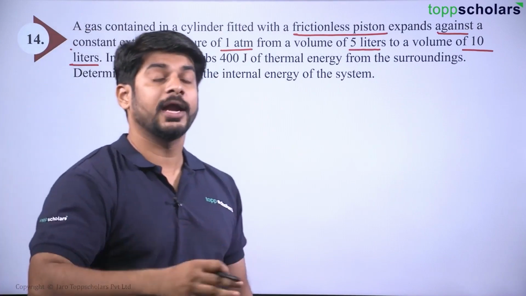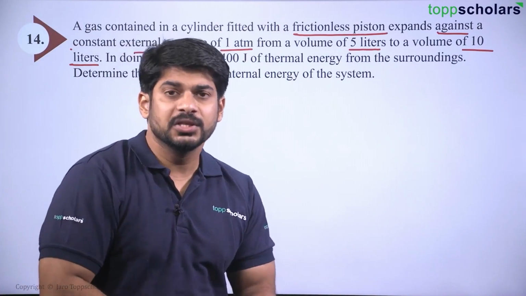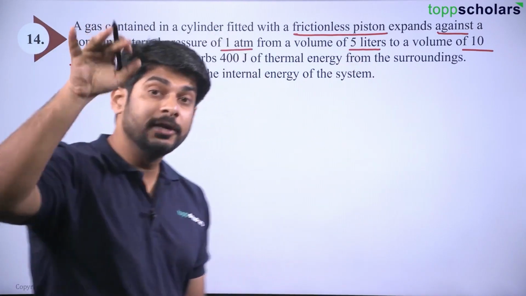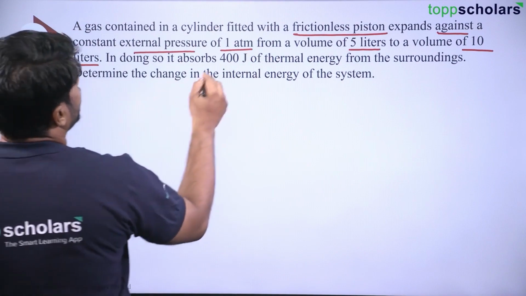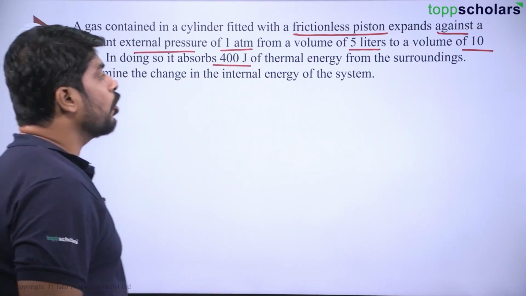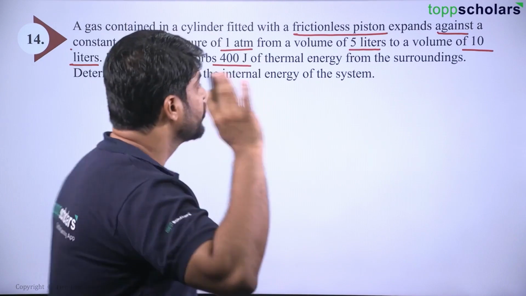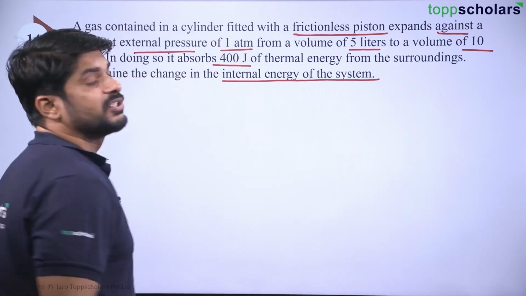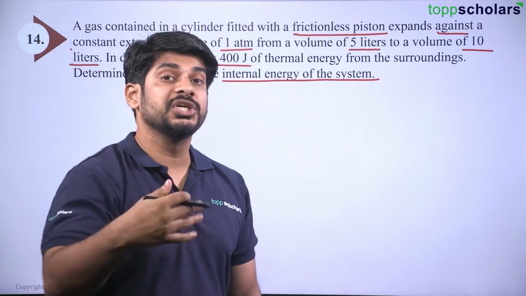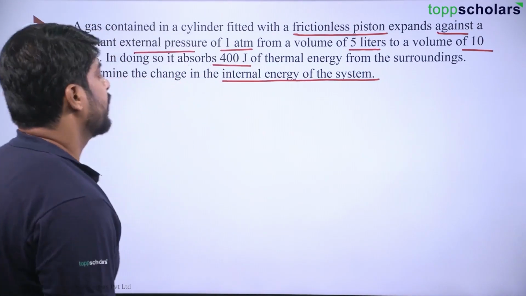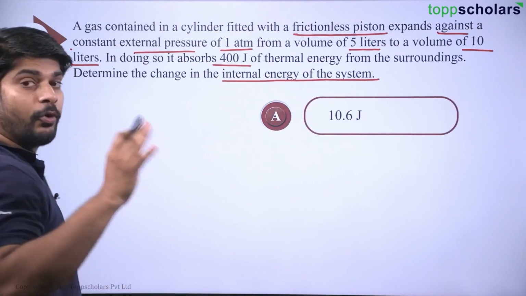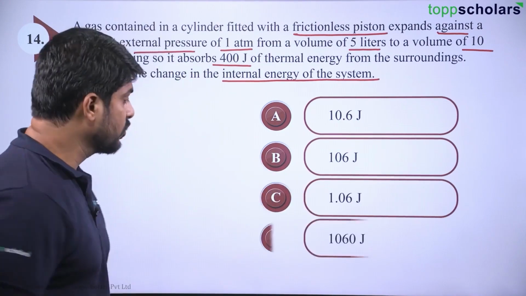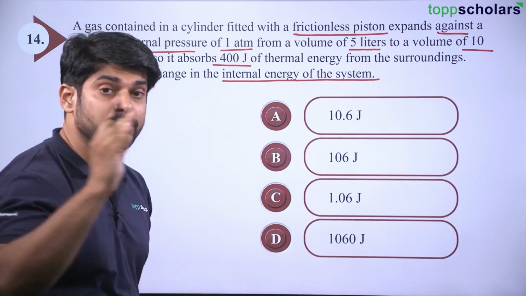So the initial volume and the final volume are given. In doing so, it absorbs 400 joule of thermal energy from the surroundings. Determine the change in the internal energy of the system. So we have to find out the change in the internal energy. Options are 10.6 joules, 106 joules, 1.06 joules or 1060 joules.